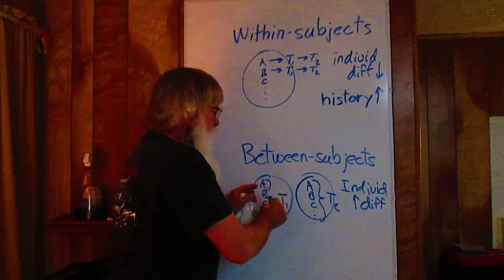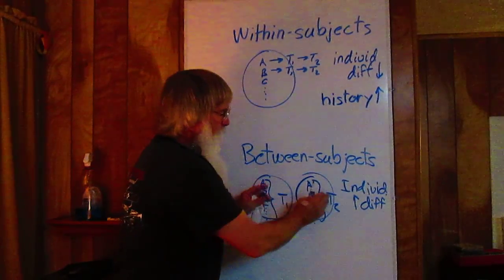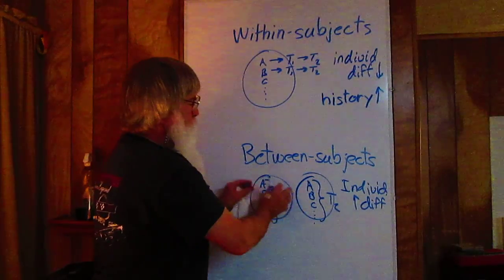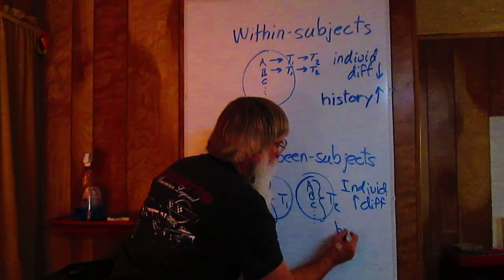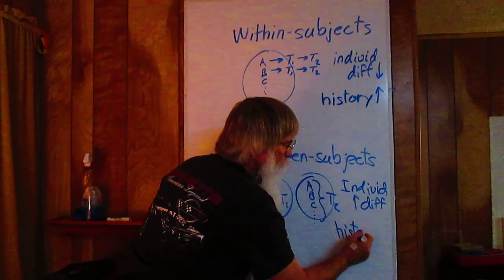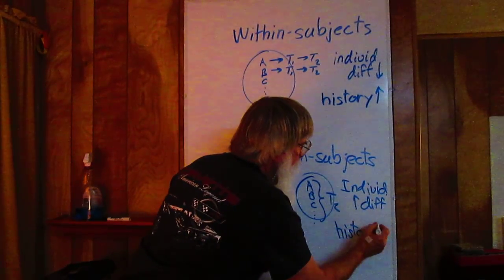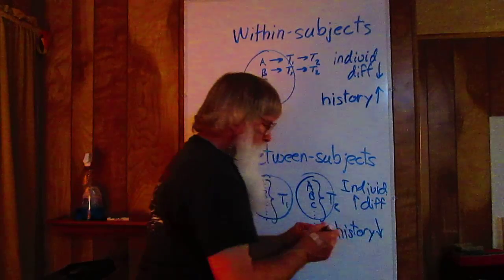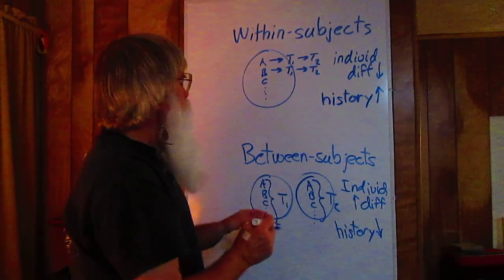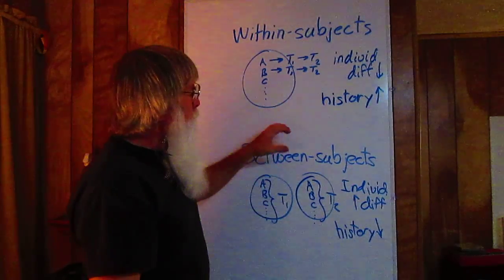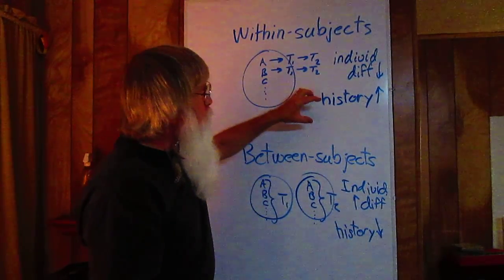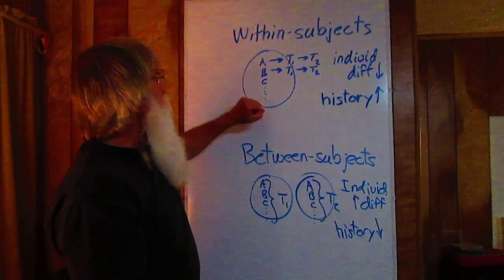However, the treatments are given at the same time to the different groups. So there is no history or order confound. So you can see that these two methods, these two research designs, sort of have meshing advantages and disadvantages.